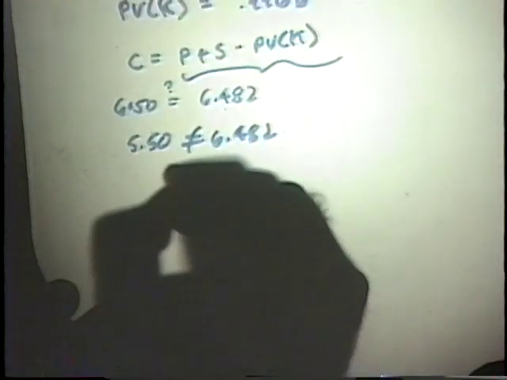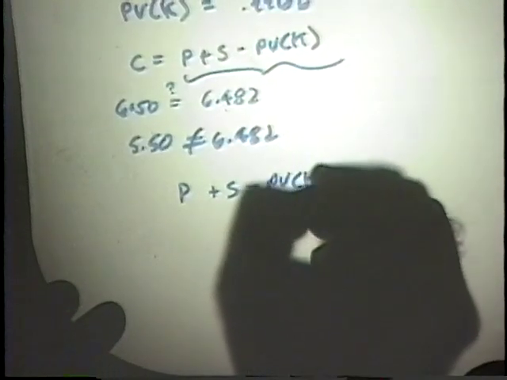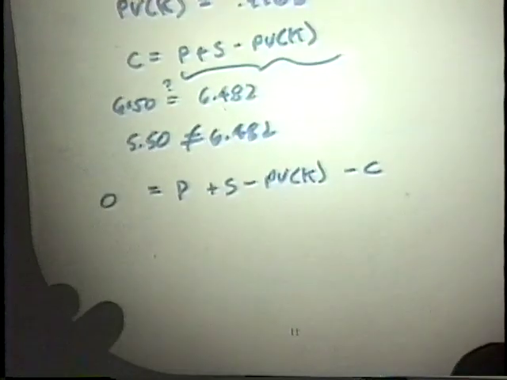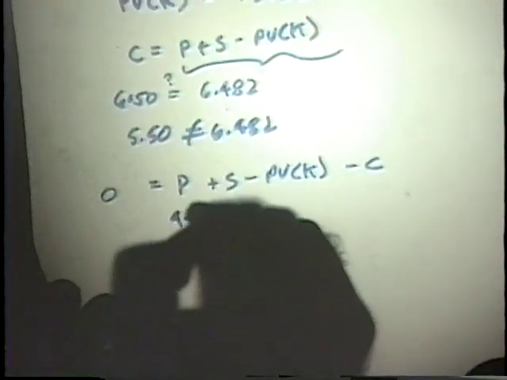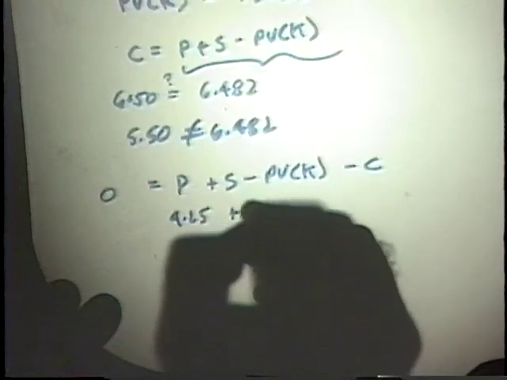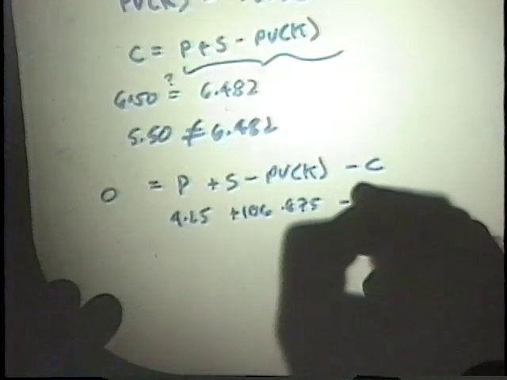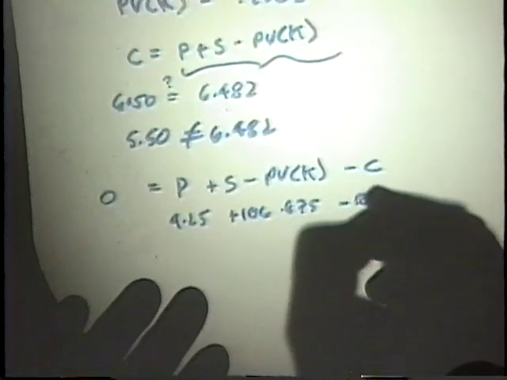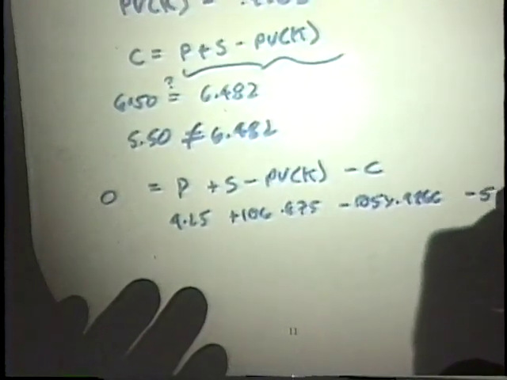So we're going to write it P plus S minus PVK minus C, and that should equal 0. And it turns out that it's 4.25 plus 106.875, minus the present value of the exercise price, which is 105 times 0.9966, minus 5.5.